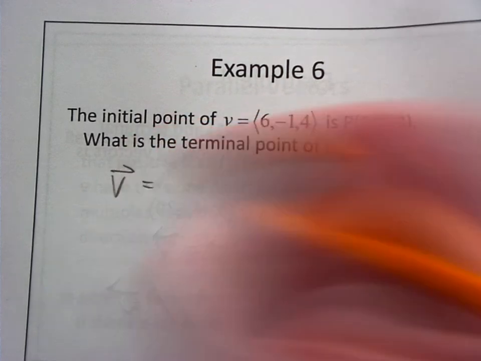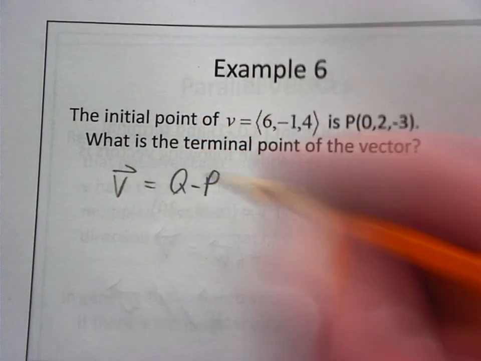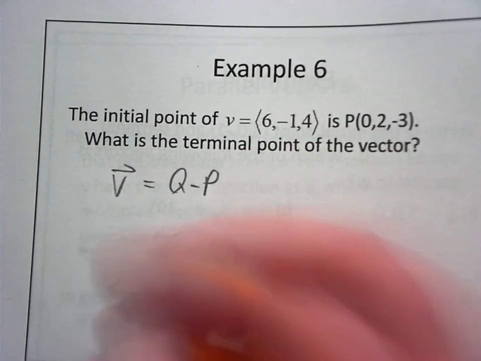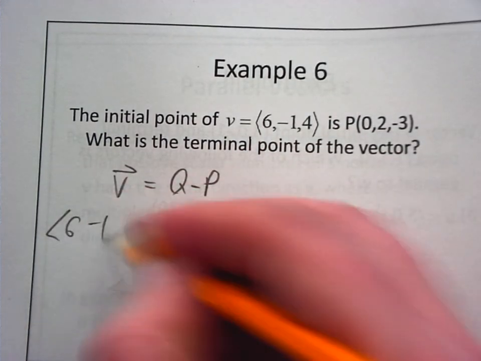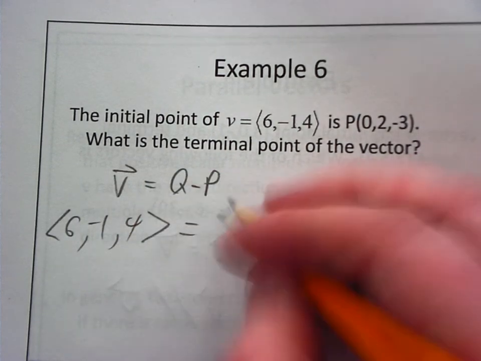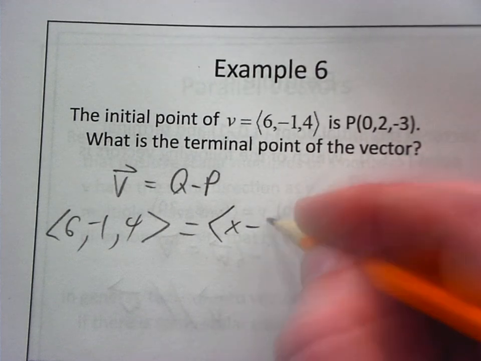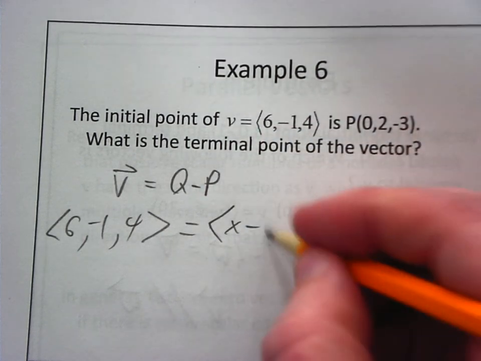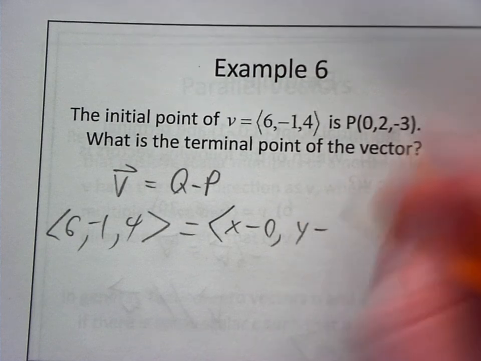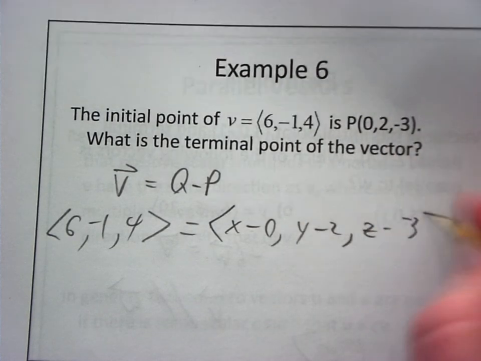Vector v is just equal to the coordinate q minus p, right? So if I have vector v is 6, -1, 4, that's equal to, well, I don't know what q is, but let's say x minus where's p at? 0, y minus 2, and z minus -3.